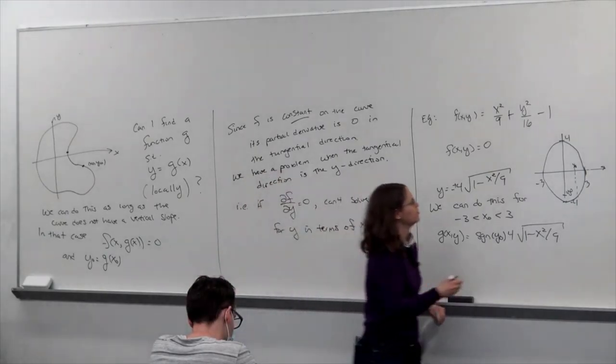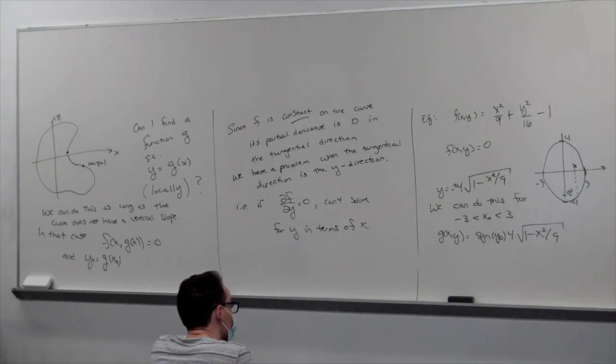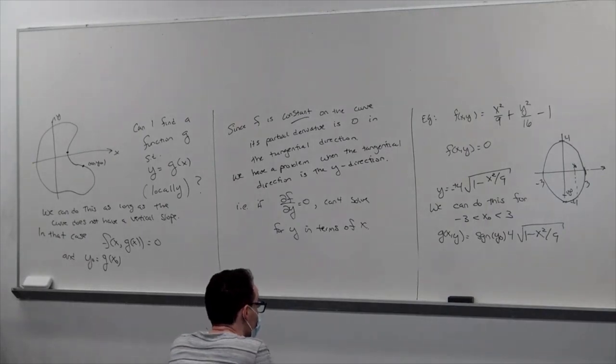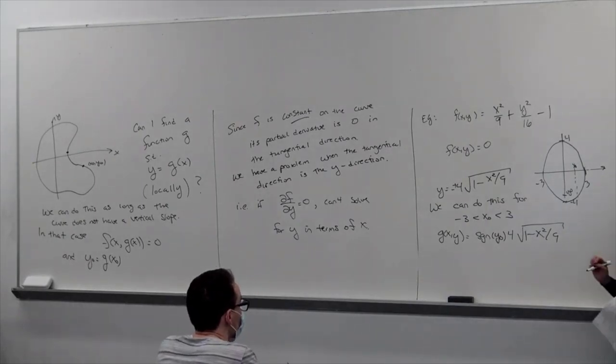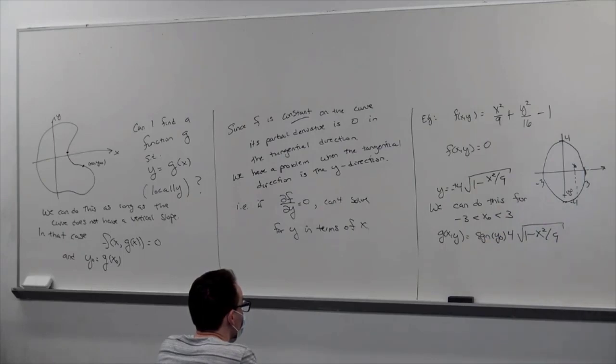I mean, obviously, if I try to take x out to here, it's not valid. What size neighborhood of x naught would this be valid on? If I want to go from x naught minus delta to x naught plus delta and have this be legit, how big can I take delta?